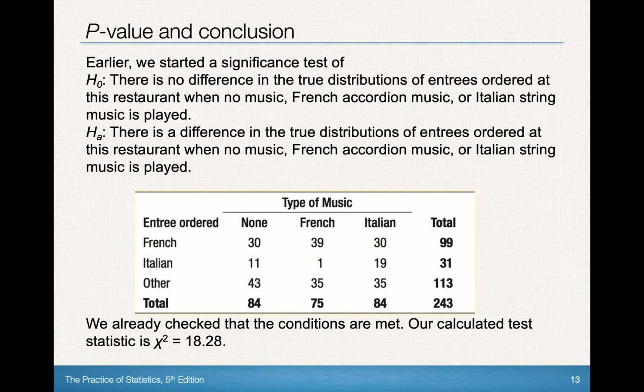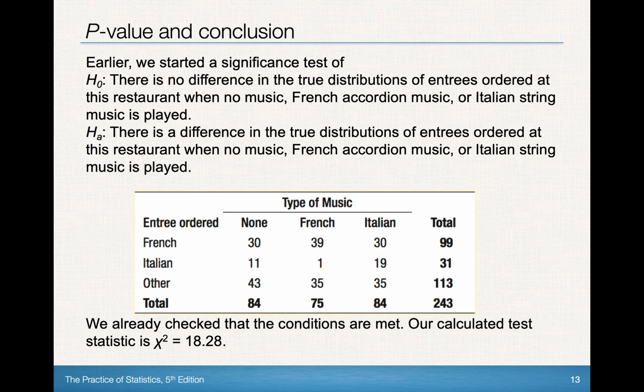Okay. So chi-squared CDF, you have your lower and your upper. Now, when you're looking for a p-value, we're always looking for the right tail of a chi-squared distribution. So our lower value is going to be 18.28 because that is our chi-squared value, and our upper value will be infinity. So I'm going to input a bunch of 99999s. Now, degrees of freedom. In chi-squared test for goodness of fit, you found degrees of freedom differently, because you only had one variable and one population.